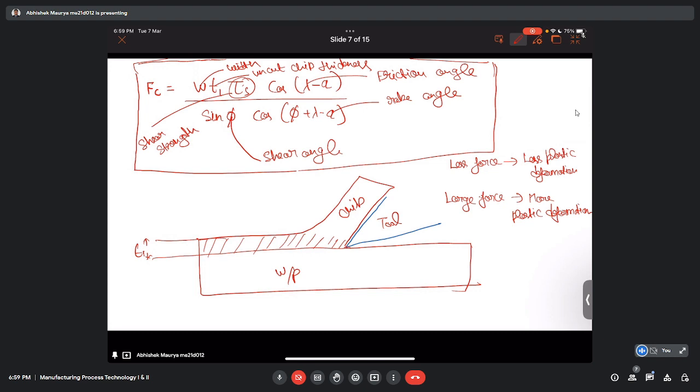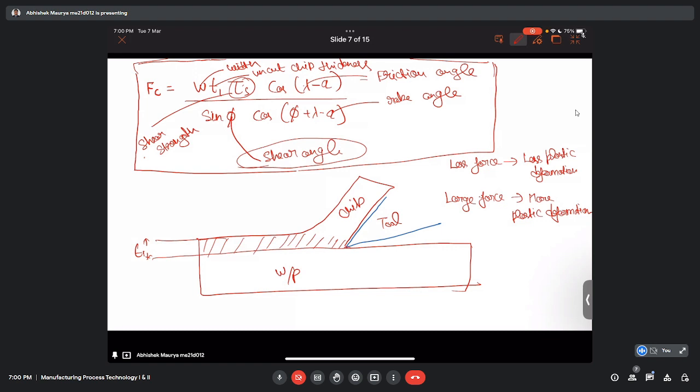So if you see the equation of the cutting force, it depends on the shear strength of the material, which is constant, and the uncut chip thickness, which is up to us. We can control the uncut chip thickness, and it depends on the shear angle also. It depends on the friction angle. For a given set of tool and workpiece material, the friction angle will be constant.